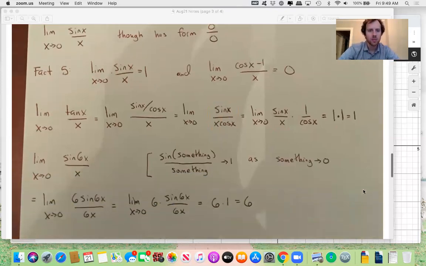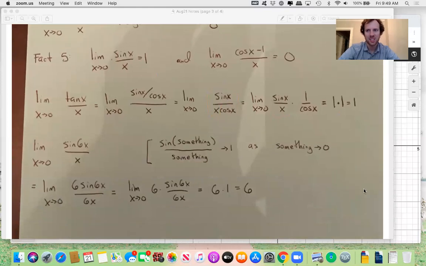Okay. So as a very last thing, I don't know if I want to squeeze this in a minute because it's not super long, but I also don't want to rush it. So there's one last example we're going to talk about, which says basically this kind of limit works, even if it's not exactly x.